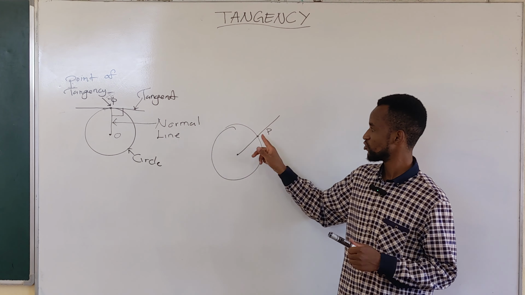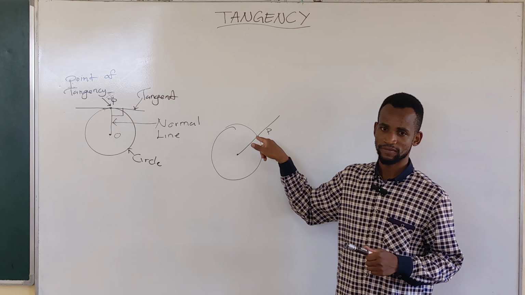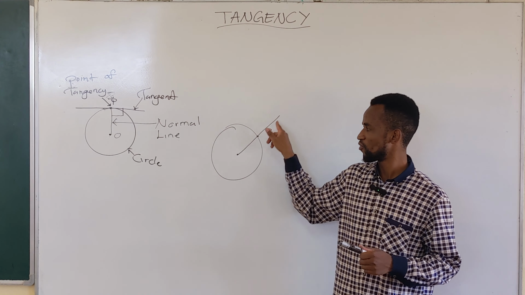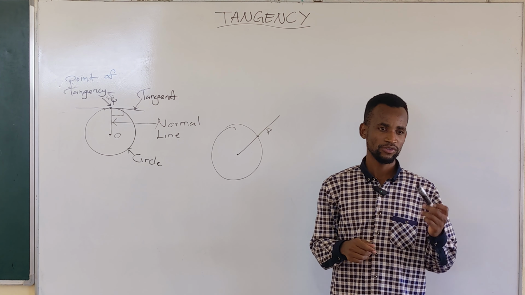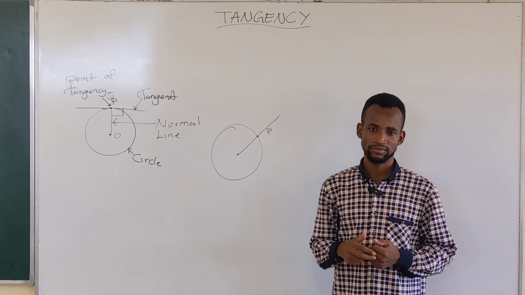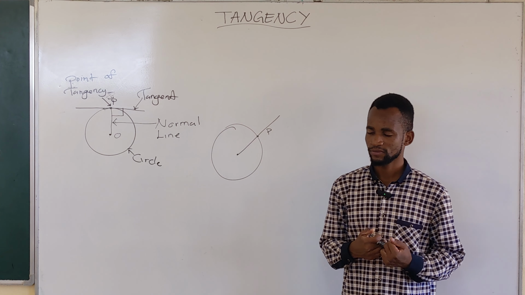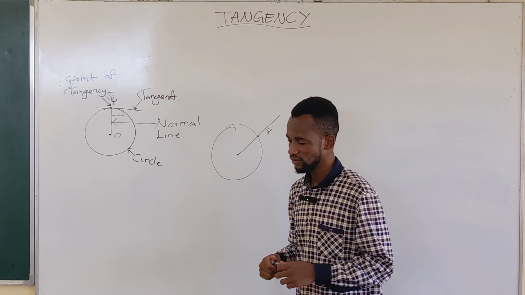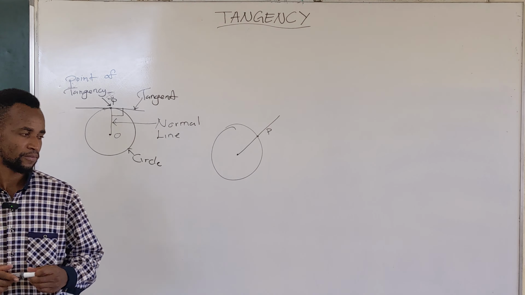And after drawing this line that represents the normal, you know that at this point, if you construct an angle of 90 degrees to this line, then the line that you draw will be a tangent line. Am I getting across to people? So this is the basis for constructing a tangent line at any point.